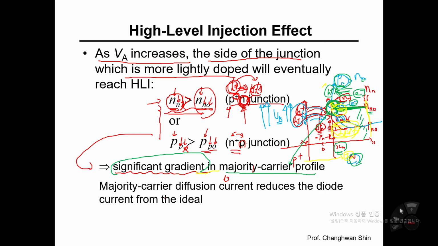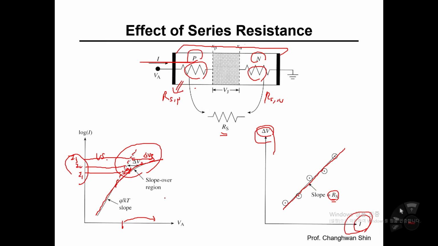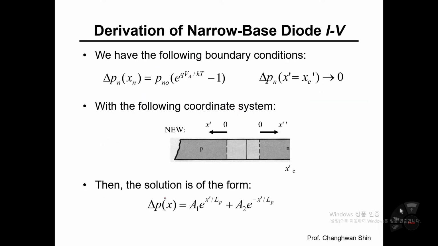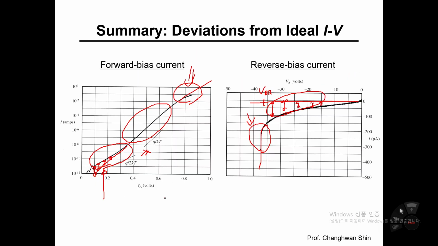Okay, so this high level injection effect as well as the series resistance effect, those two things would affect and would block the exponentially increasing current in a real PN junction diode. Okay, all right. So that's all for the deviations from the ideal current versus voltage.